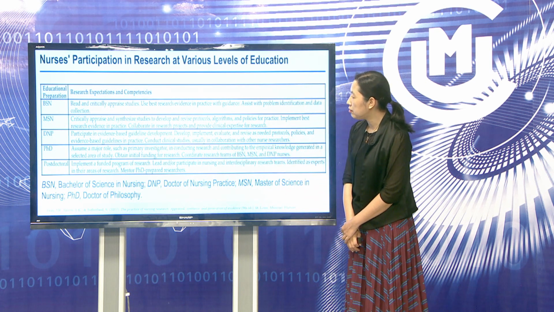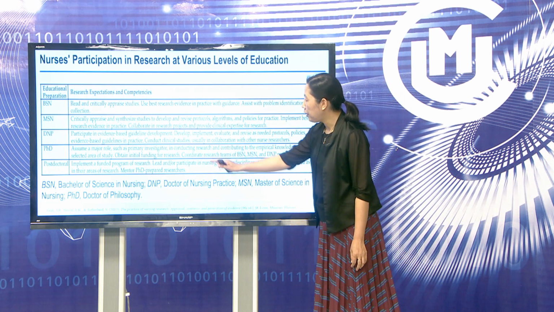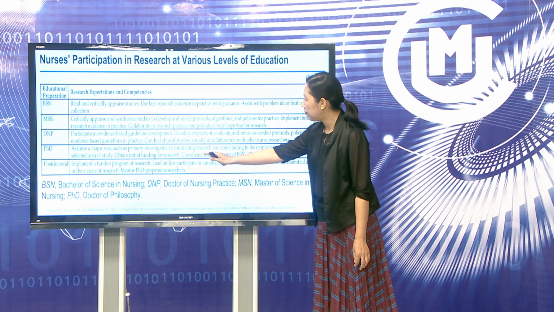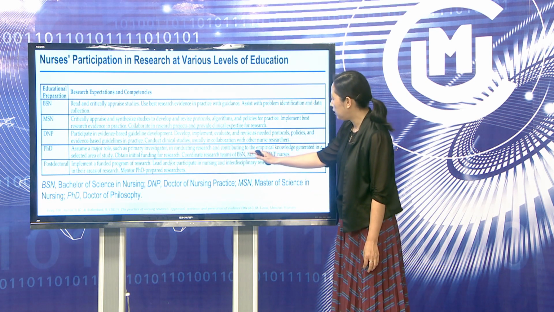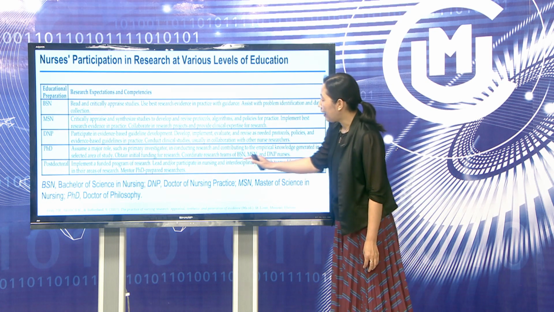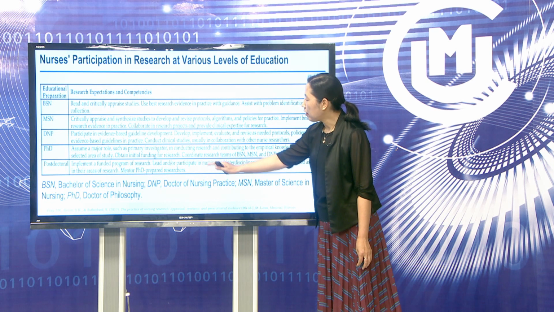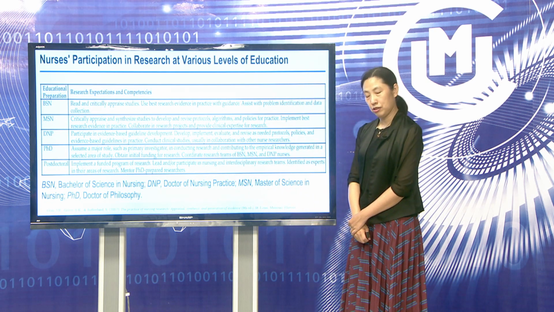For PhD nurses, they assume a major role such as primary investigator in conducting research and contributing to the empirical knowledge generation in a selected study, obtain initial funding for research, and coordinate research teams.